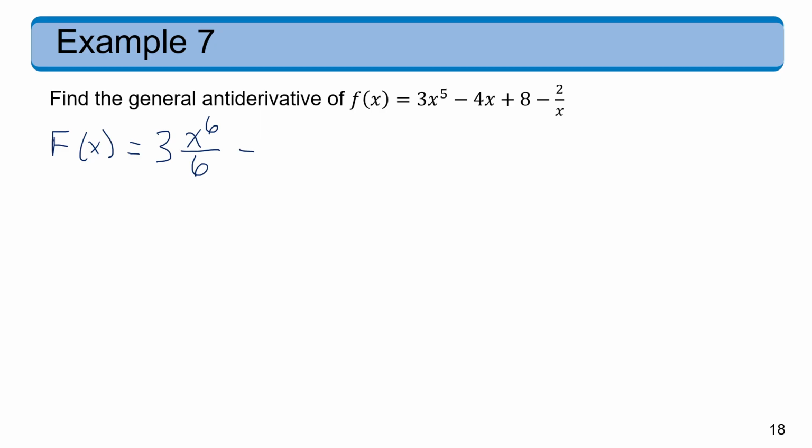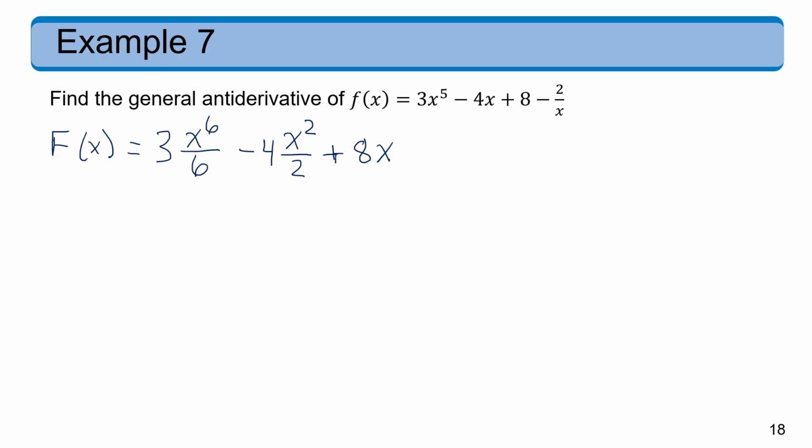Next term, carry along the constant, and then the antiderivative of x, also a power function, so use the backwards power rule, increase the power by 1, divide by the new power. The 8 is a constant, right? We've seen with constants, their antiderivative is just that same constant times your variable, in this case x.